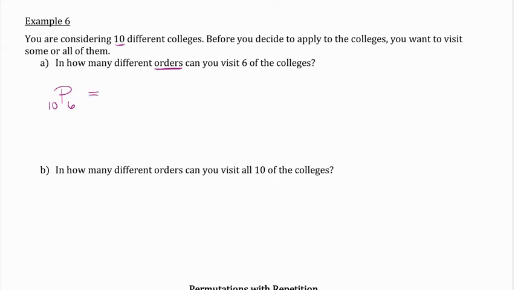Okay, so using that formula, I do my total number on top, so 10 factorial, and then on the bottom, I'm going to do my total minus how many I'm choosing, that number factorial. So that would be 10 factorial divided by 4 factorial. Now you can find the top number, find the bottom number, and divide them in your calculator, that's fine.